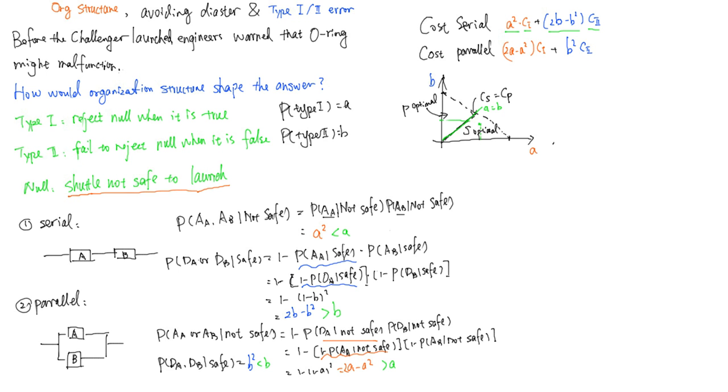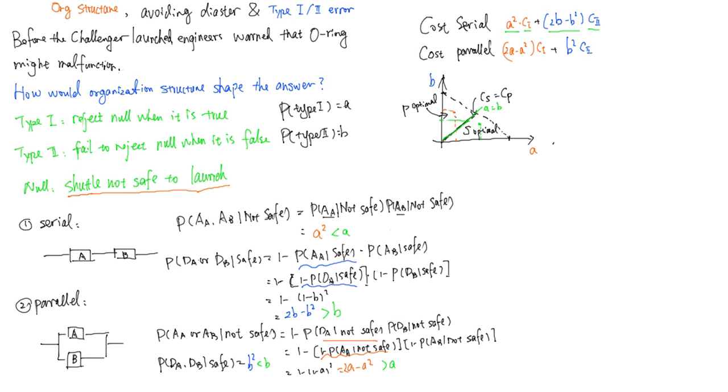In that case, it is optimal to adopt a serial structure. On the other hand, for any point that is above the 45-degree line, that means B is larger than A, it's more likely you will commit a type 2 error than a type 1 error. So you should adopt a parallel structure.